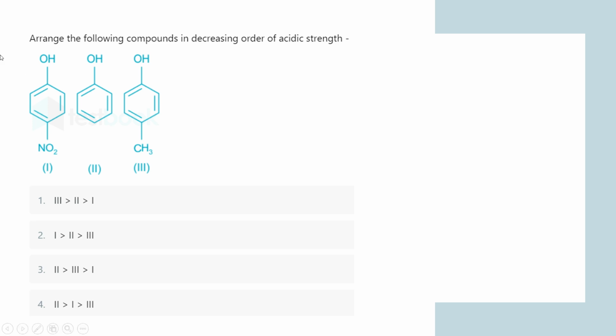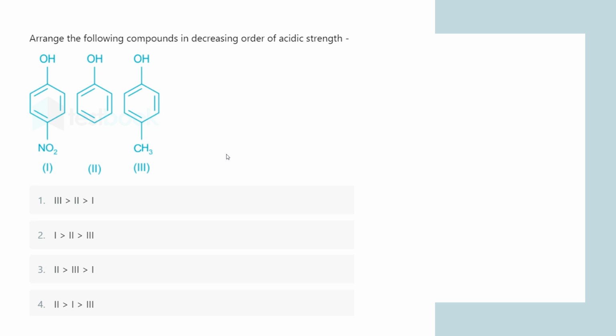We have three phenol compounds here, one of which is completely unsubstituted, like pure phenol, one of which contains a nitro substituent on the phenol ring, and number 3 contains a methyl on the phenol ring. Okay, so now you have to arrange them in decreasing order of acidic strength.